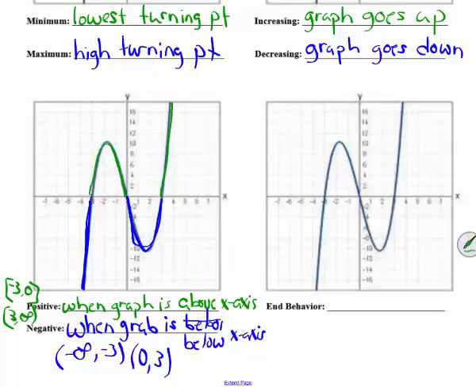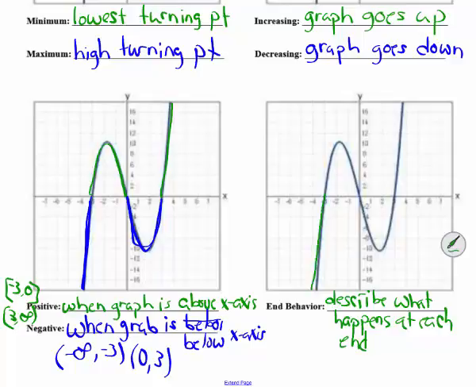Okay, end behavior. This is a little weird, but you're describing what's happening at each end of the graph. Each end. Okay, so what does that mean? So down here, if I'm looking at this part, my graph is going down, and it's going down the more towards -infinity.